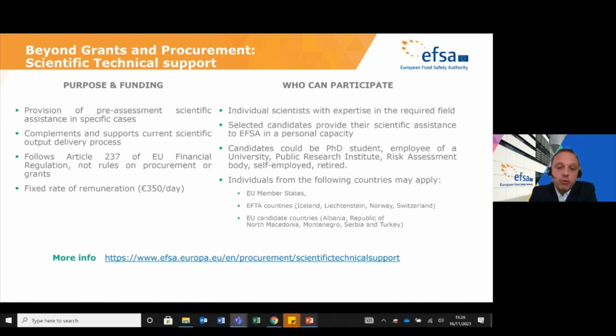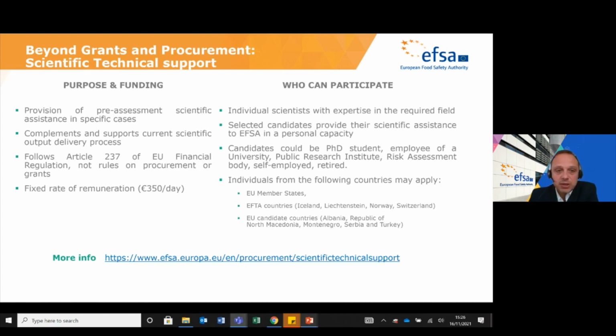In fact, EFSA also offers opportunities for collaboration specifically targeted to individuals. The scheme is called the Scientific Technical Support and aims at creating a list of individuals, so natural persons, with the scientific expertise that can assist EFSA in preparatory work, in risk assessment, and in assessment of applications for the authorization of regulated products.